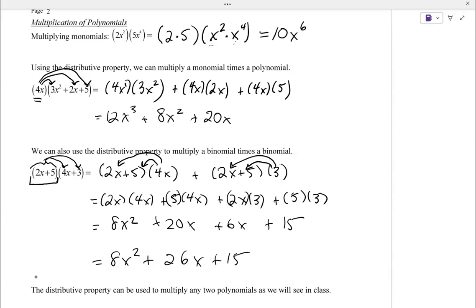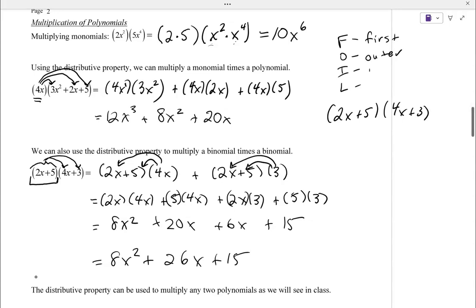Again, like I said, you've probably heard the term FOIL before. It's a mnemonic way to keep track of all the multiplications you have to do. Just to tell you what it stands for: first, outer, inner, last.